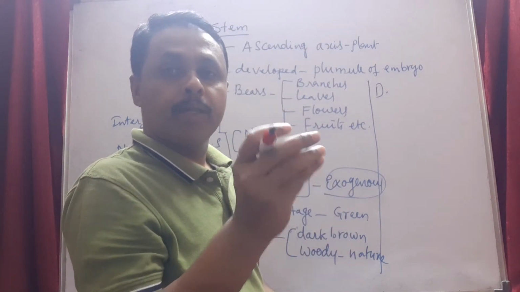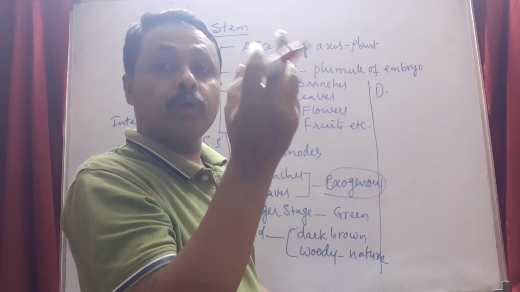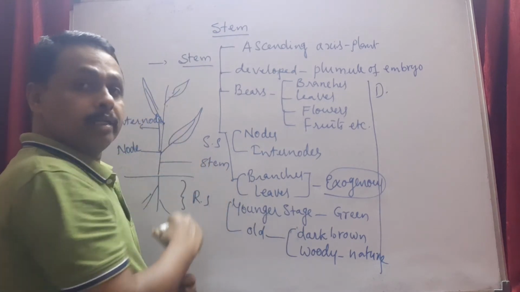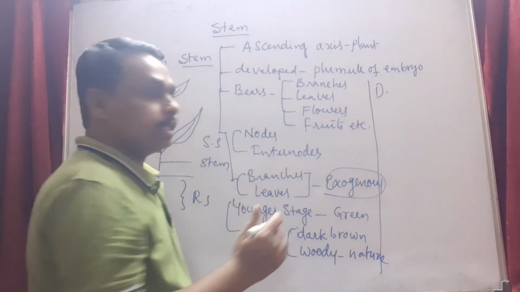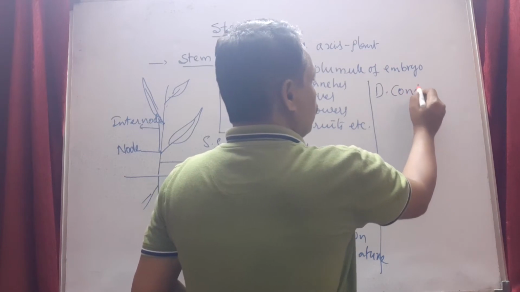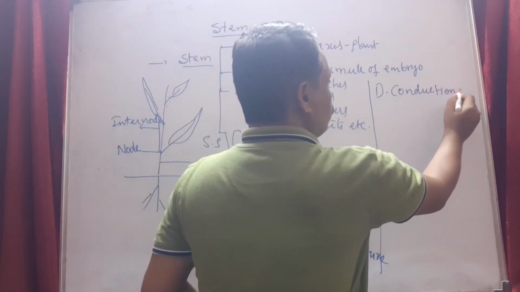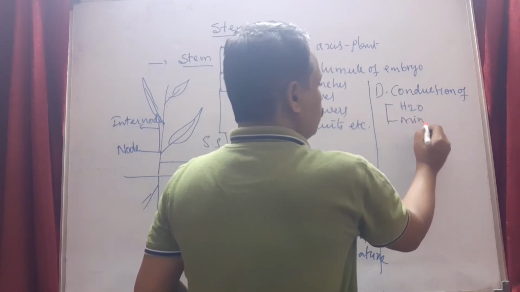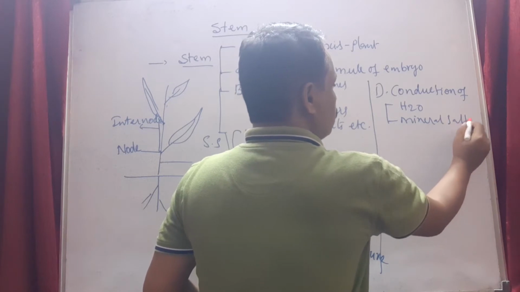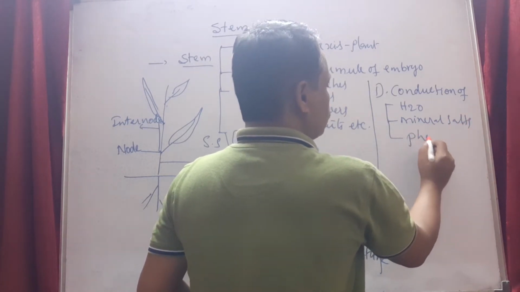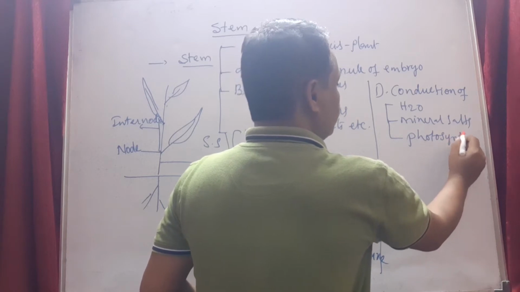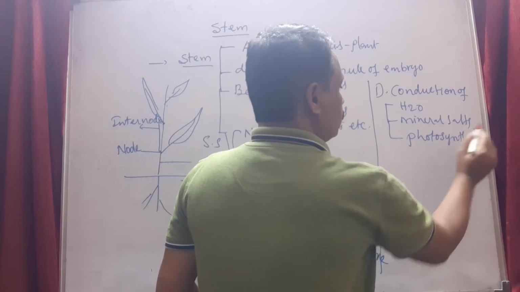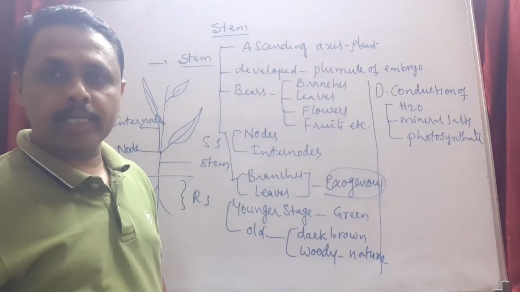At the same time, conduction of photosynthate from leaves to all other parts via the stem. So it is called conduction of water, mineral salts and also photosynthate. This is one of the important functions carried out by the stem.